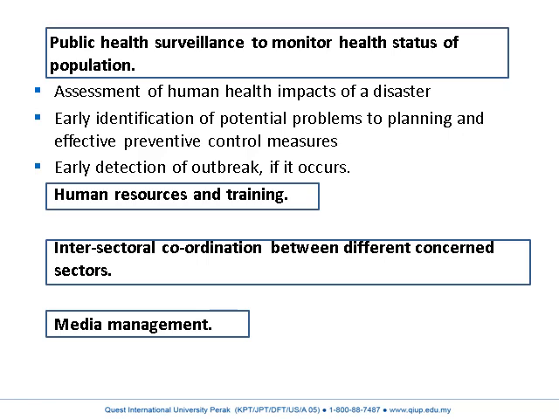Assessment of human health impacts of a disaster, and early identification of problems, helps in planning effective preventive control measures. Outbreaks should also be detected early, so the public health surveillance system is very important.